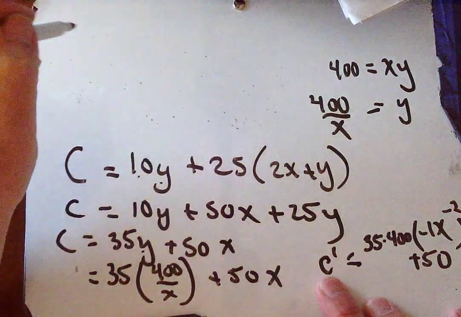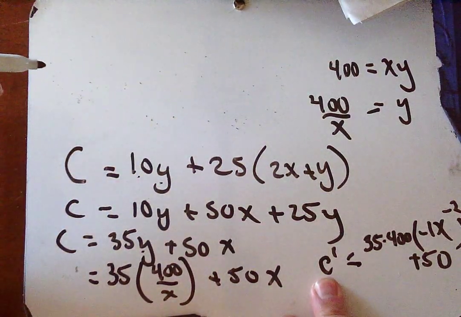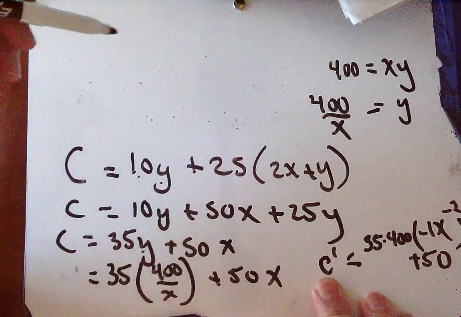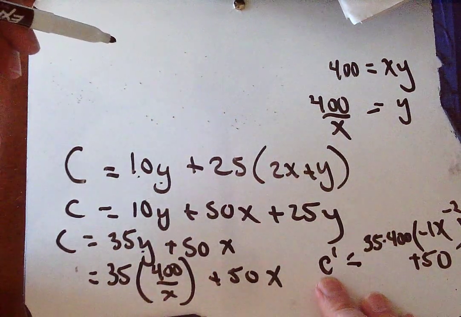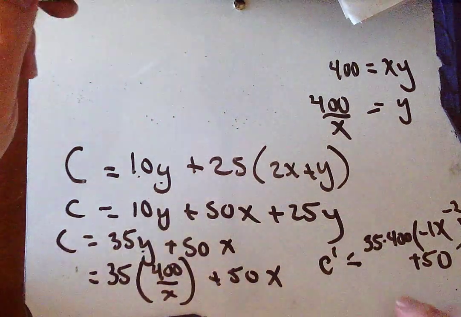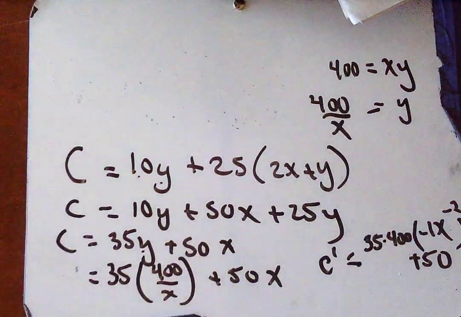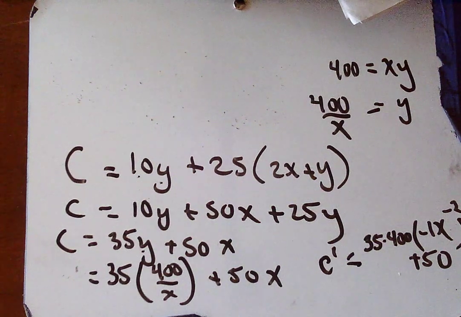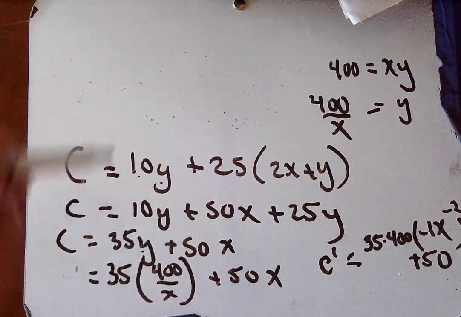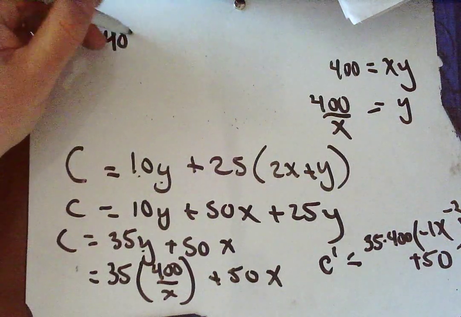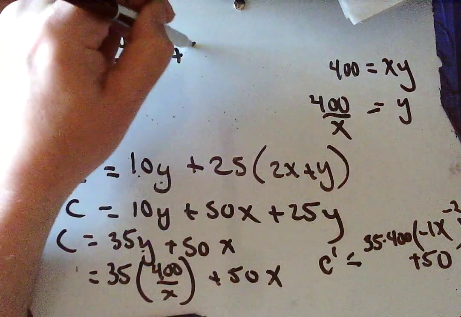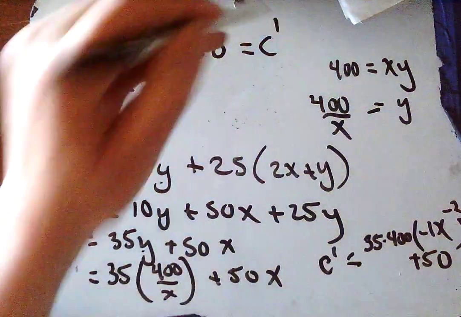So I want to set c prime equal to 0. I guess I have some implied endpoints. Like I don't think we can have any negative costs and zero cost. I don't believe in that one either. I will say that 35 times 400, for the people who are waiting for me to write that in as a number, it's 14,000. So we've got negative 14,000 over x squared plus 50 equals c prime.